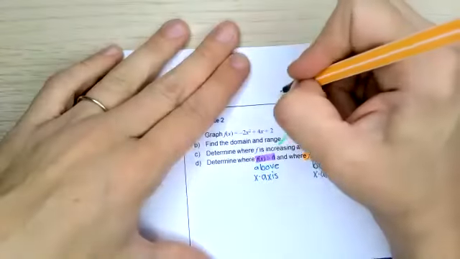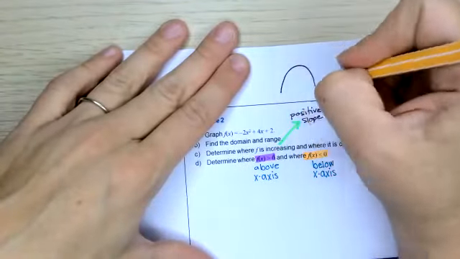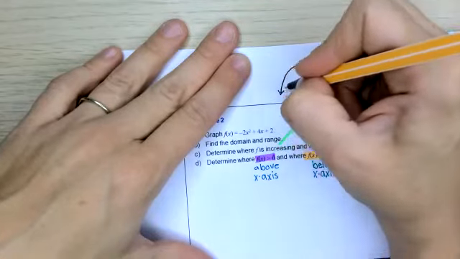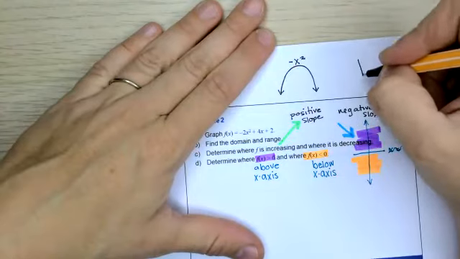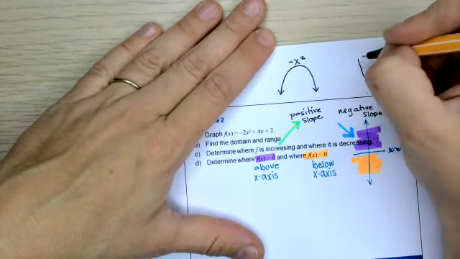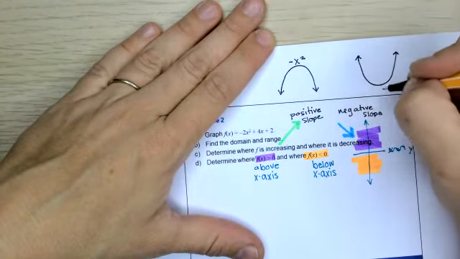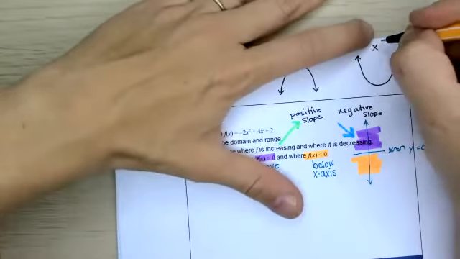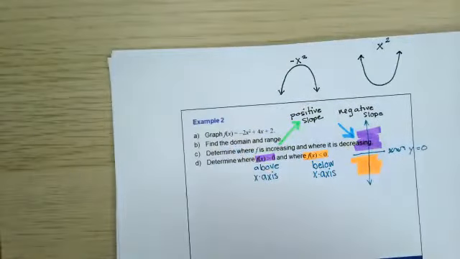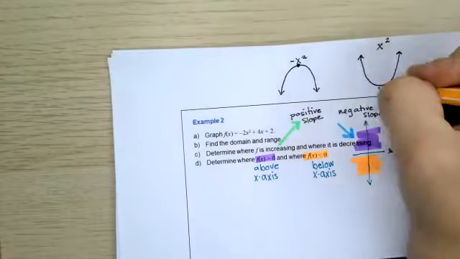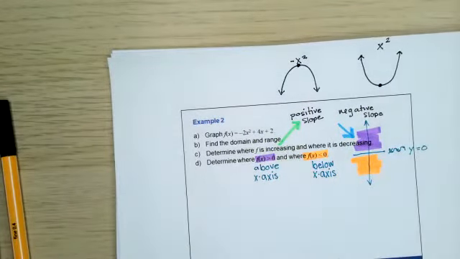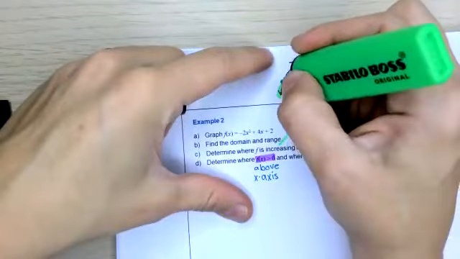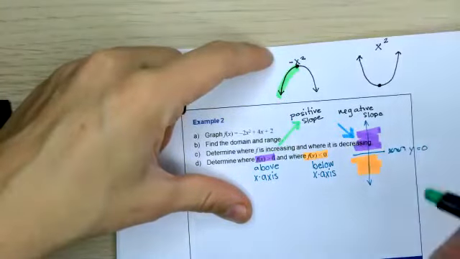Increasing means that when I look at, here's a parabola of -x², right? Here's the parabola of positive x² because it's opening up, right? Here's my vertex. Positive slope here, all of that up until your vertex.